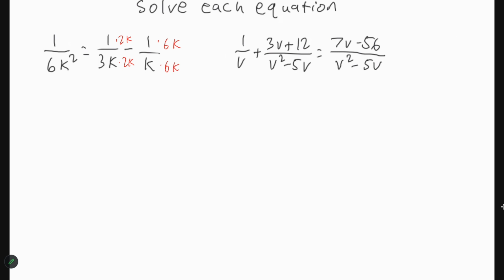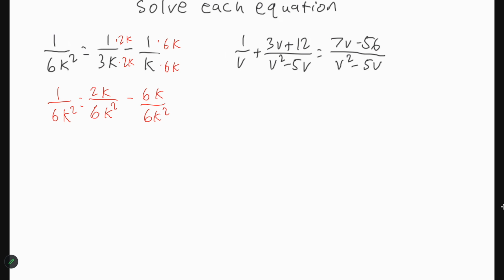And so that's going to give us 1 over 6k squared equals 2k over 6k squared minus 6k over 6k squared. And now all of these have the same denominators.